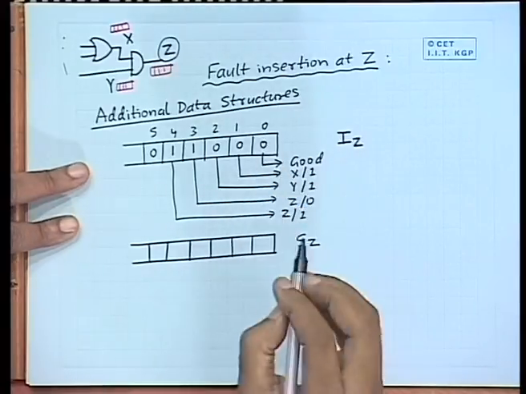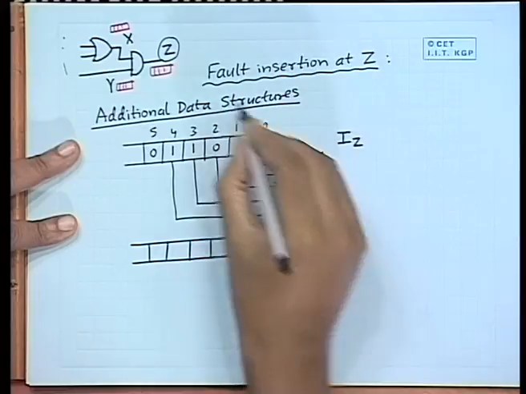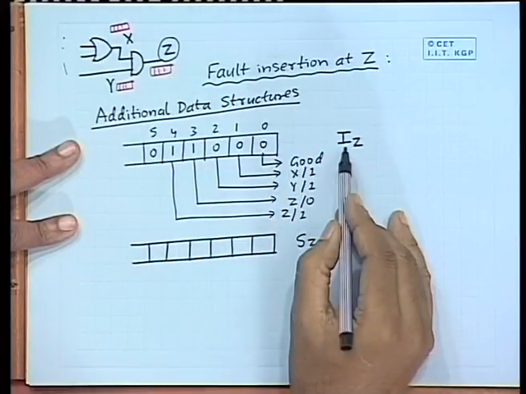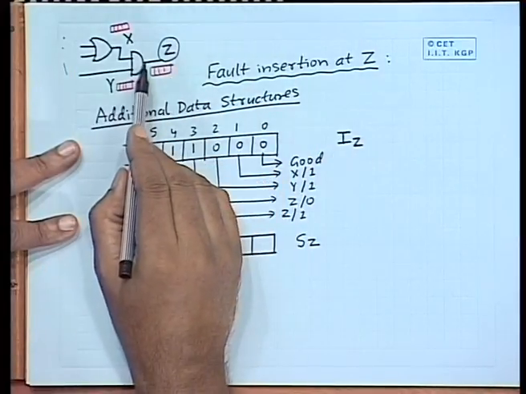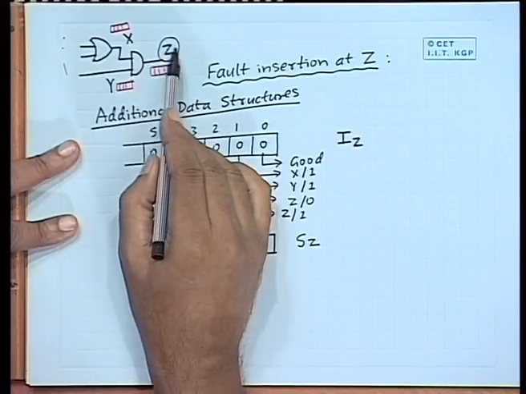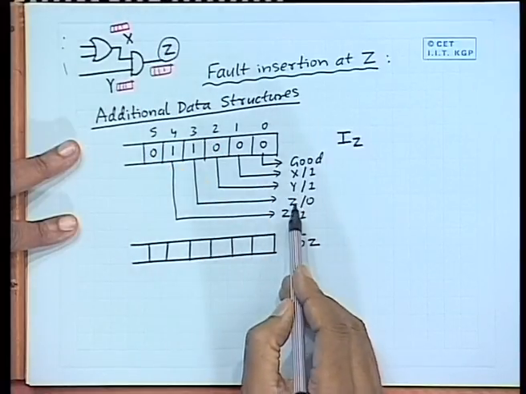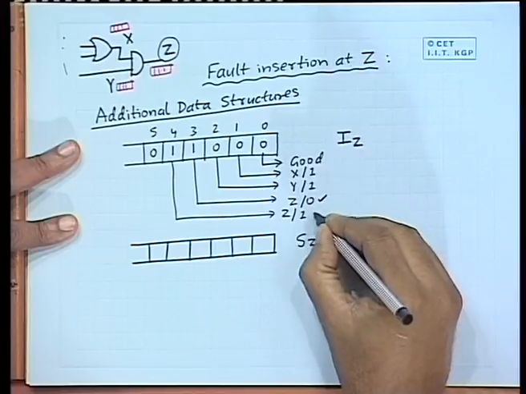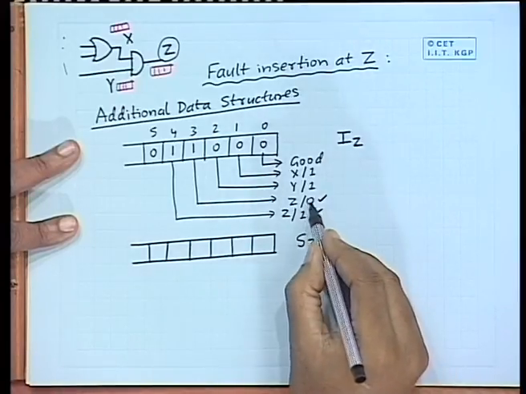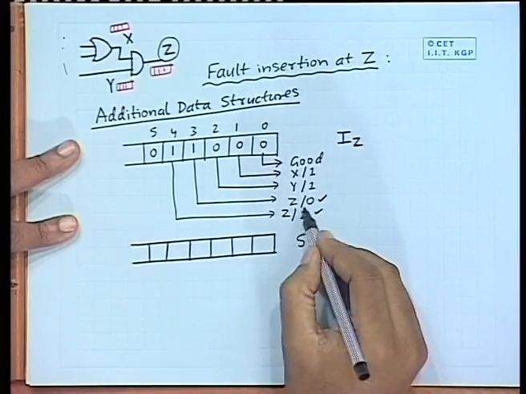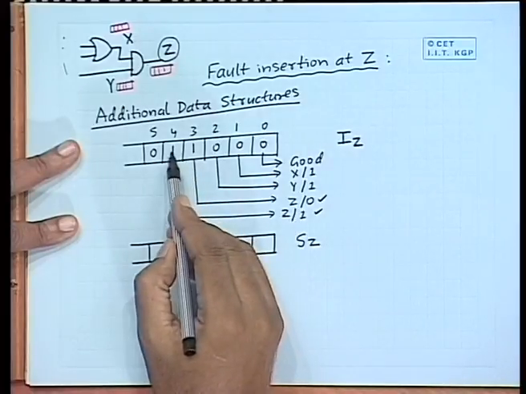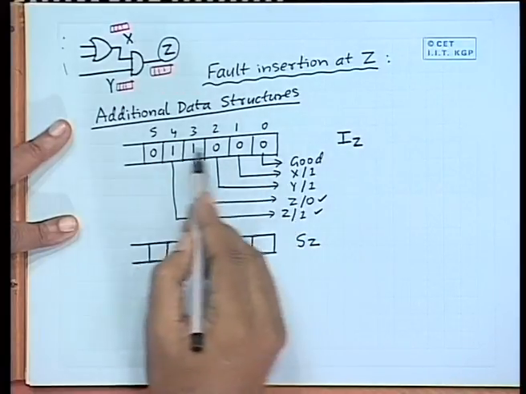I am telling you what this means. This IZ is not exactly this list, rather it tells you that we are right now here, trying to inject a fault on Z. So, these are the two faults of our interest. The faults which are of interest now, I am setting those bits to 1, rest all are zeros.